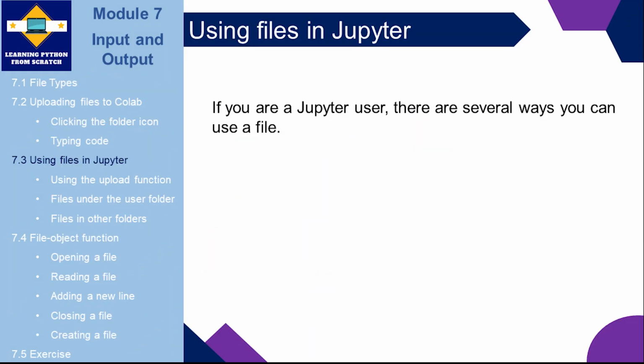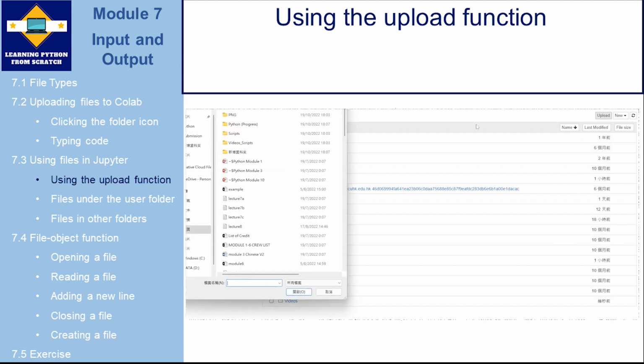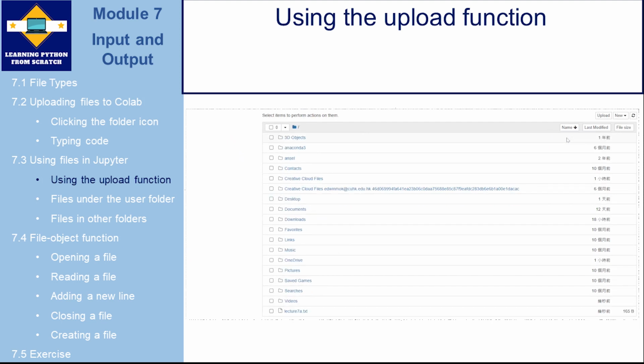If you are a Jupyter user, there are several ways you can use a file. In the main page, you click the upload button and select the file you want to use. Afterward, you should be able to find your file on this page.